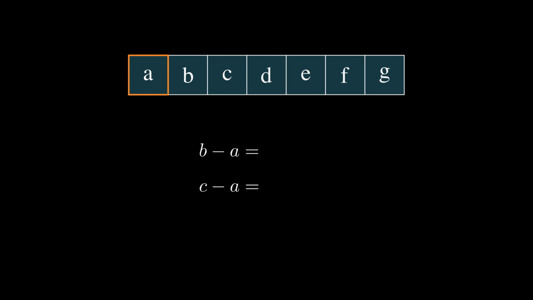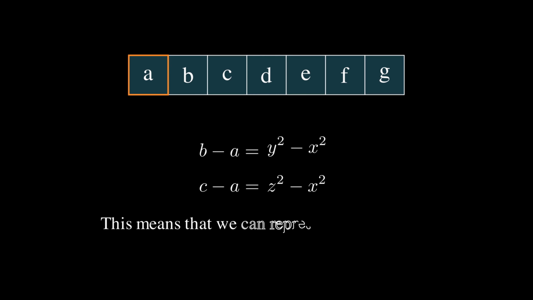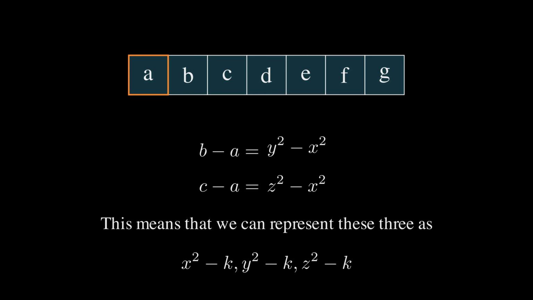If you can represent all of those differences as the difference of squares, and the smallest square of all of those differences of squares is the same, for example, if you could represent the differences as, say, y squared minus x squared and z squared minus x squared, and so on, because the smallest square corresponds to the fixed element, we can represent the numbers as x squared minus k for the fixed element, and then y squared minus k, and z squared minus k, and so on. This means that we can add k to all of these numbers and create many square numbers.